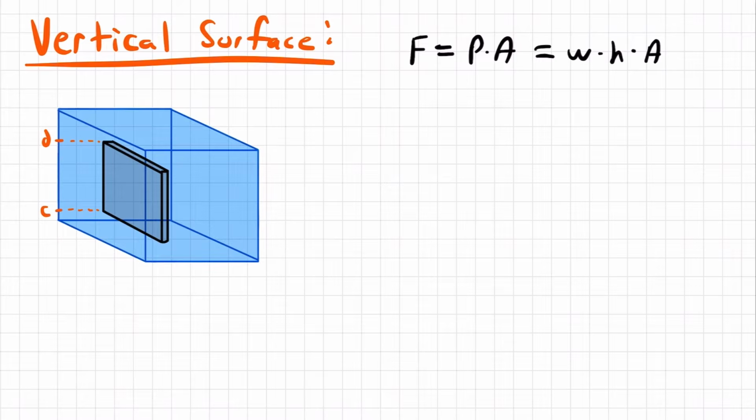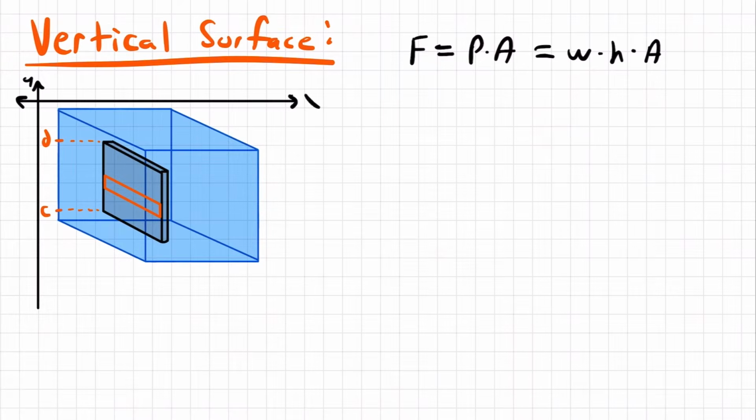Well, what we can do is we can look at the pressure on a representative rectangle of this surface. Right, so if I draw a representative rectangle right here, we can look at the force for this thin region of our surface and integrate that force for the entire range of depth values from C to D. And so if you imagine that we had a coordinate system here, let's say that this is the y-axis and this is the x-axis, and I'll label them, so this is the y and then this is the x.